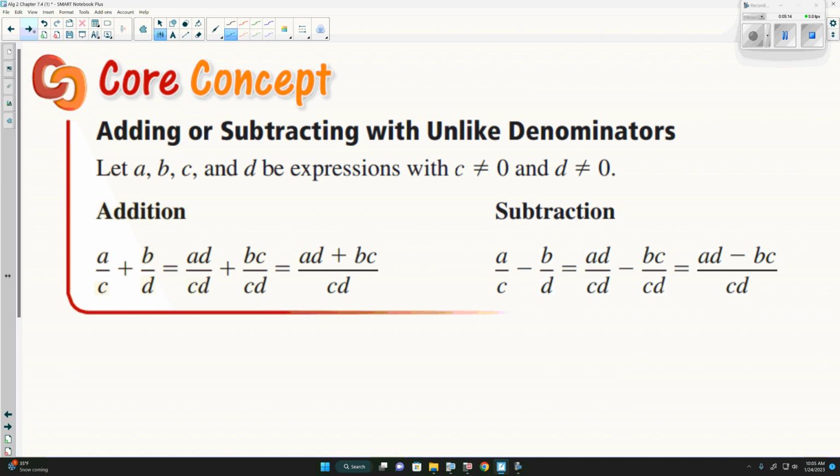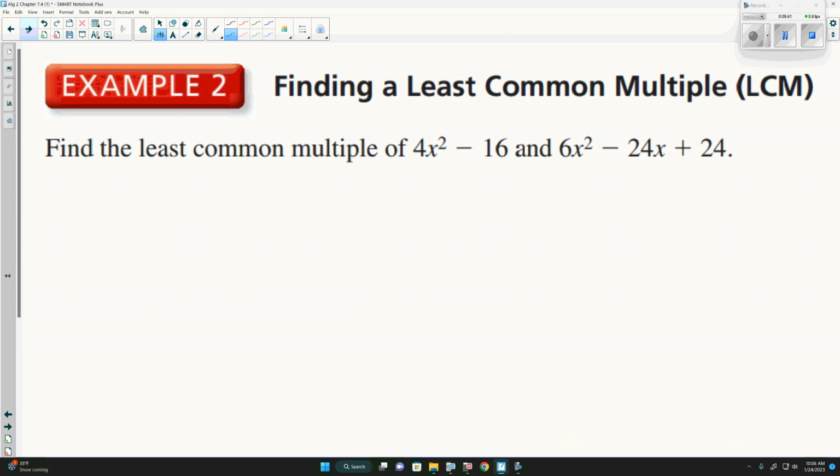Now, not every fraction will be set up so that the denominators are the exact same. Sometimes we have to get the denominators to be the same. And what we use is something called the least common denominator. The least common denominator is the smallest number we can turn all the denominators into, so that we're able to add or subtract them.